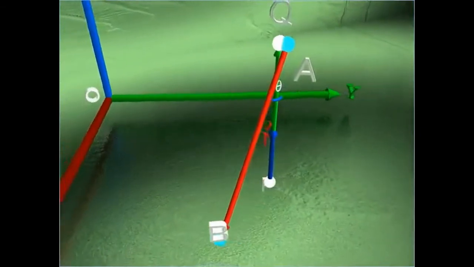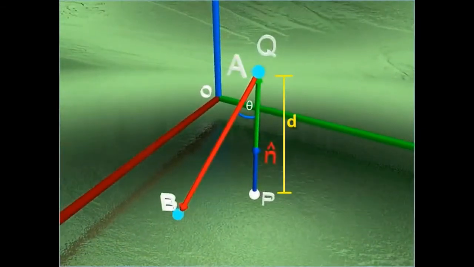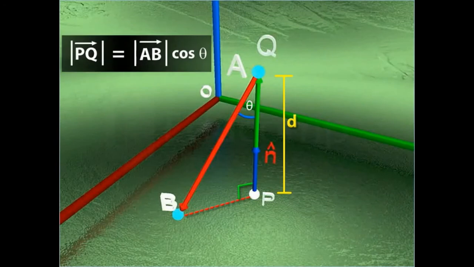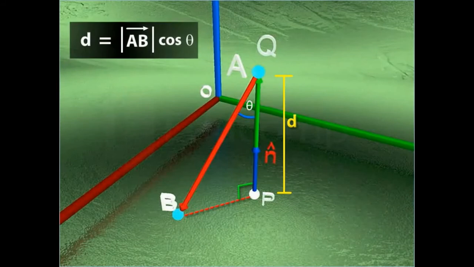Let us assume that theta is the angle between vector PQ and vector AB. Then the ratio of magnitudes of vectors PQ and AB is equal to cos theta. This implies that the magnitude of vector PQ, that is d, is equal to magnitude of vector AB into cos theta.